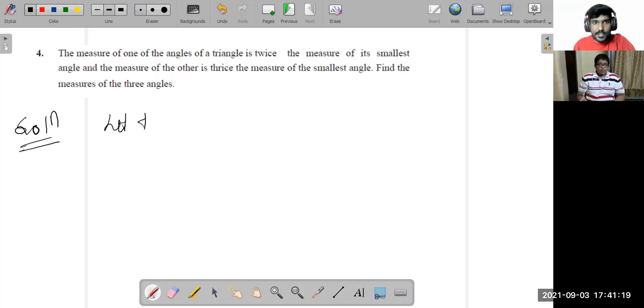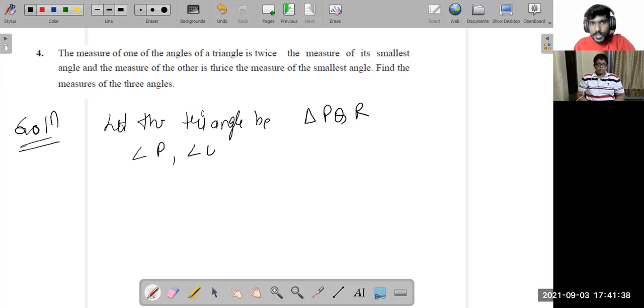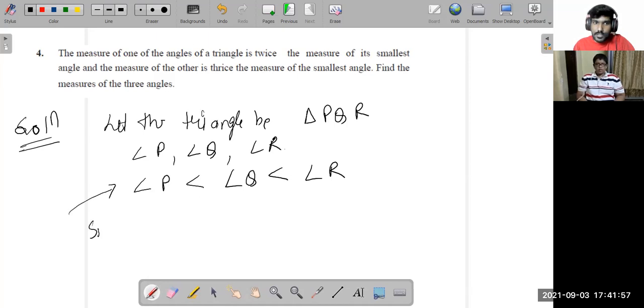Let the triangle be triangle PQR, and the angles will be angle P, angle Q, and angle R. Okay, let angle P be the smallest one. So I'll say angle P less than angle Q less than angle R. Okay, so P is the smallest one. Correct?